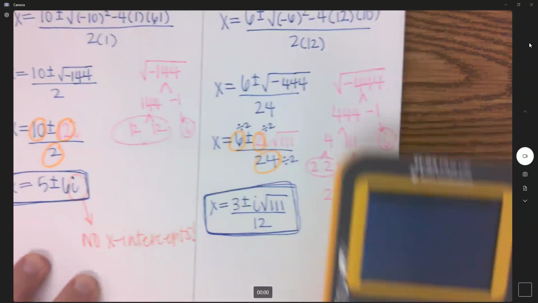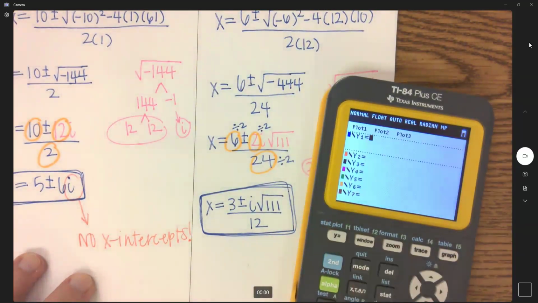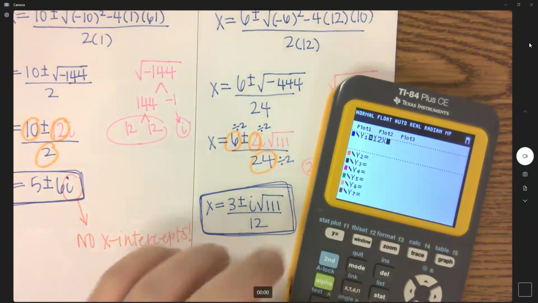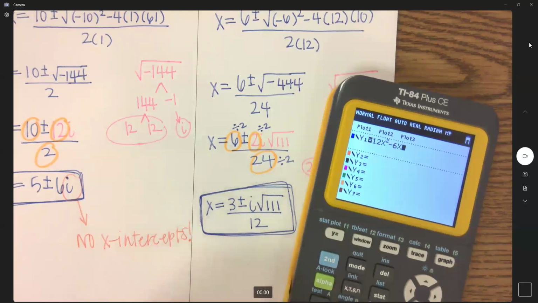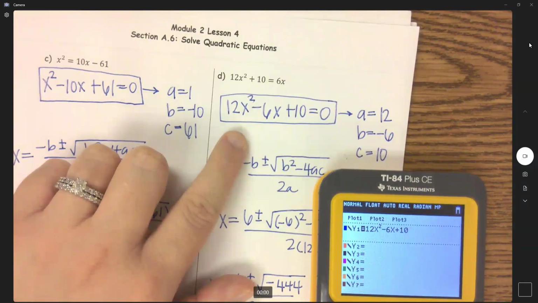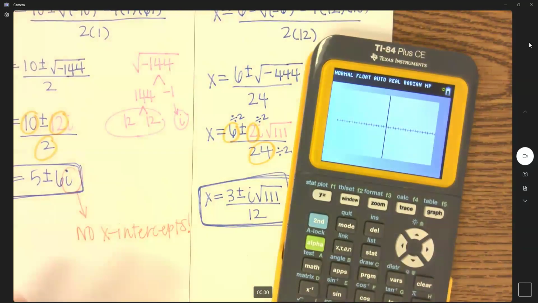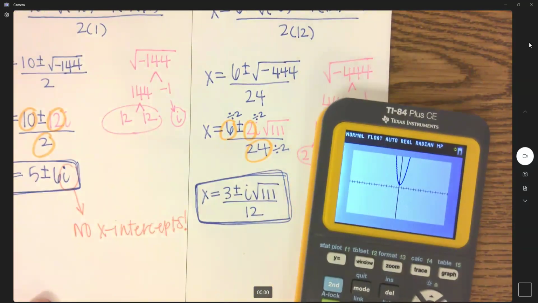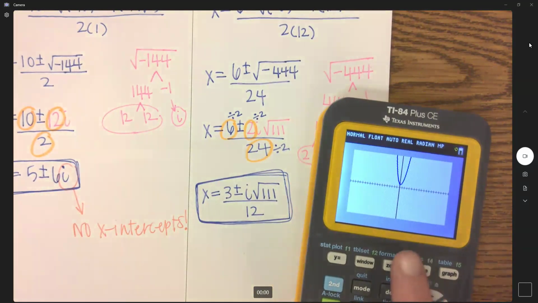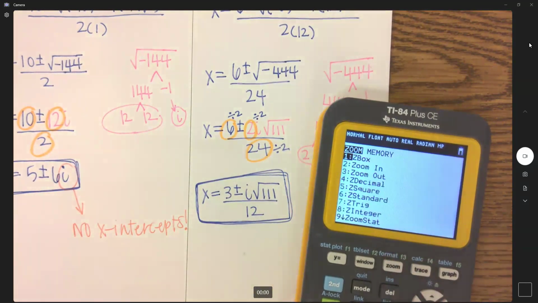So checking the graph one more time. Okay, I'm putting this in my calculator. And this one, let's go zoom 6.